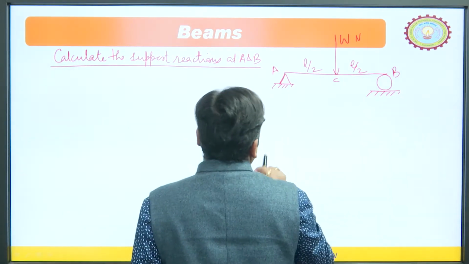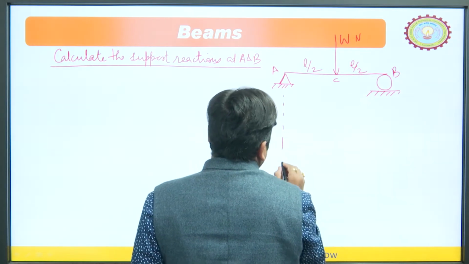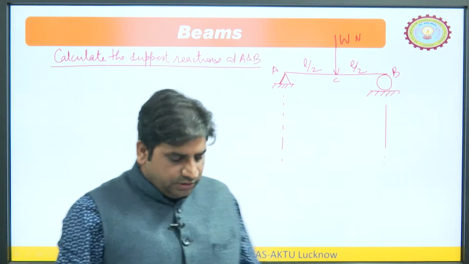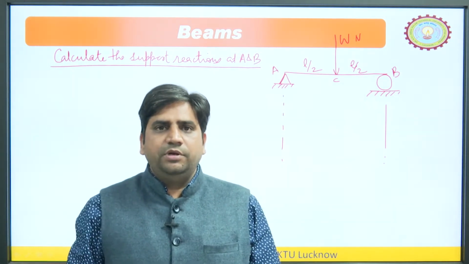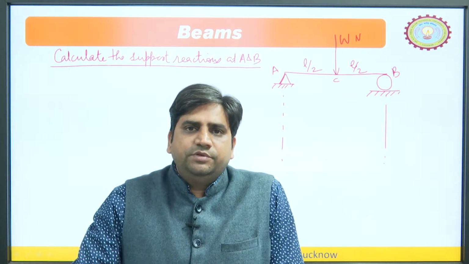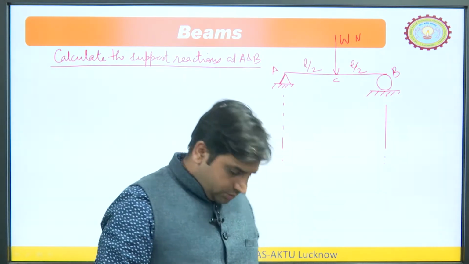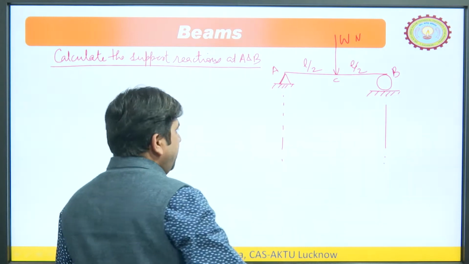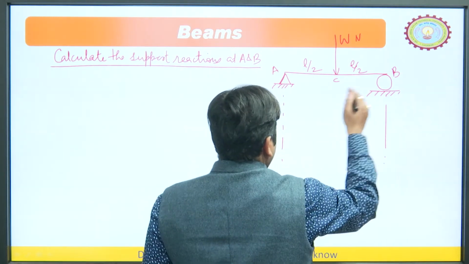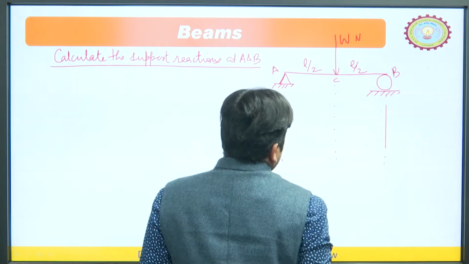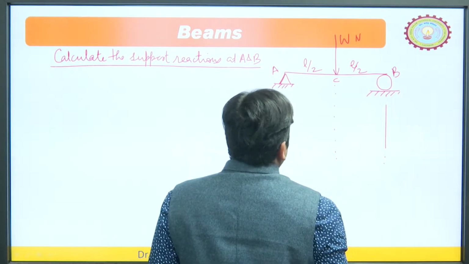It is always suggested to draw the free body diagram below the beam, because in this unit, after some topics, you will have to study shear force and bending moment diagrams. For that we have to draw the free body diagram and calculate the support reactions. Drawing it below lets us easily mark the points under the beam.